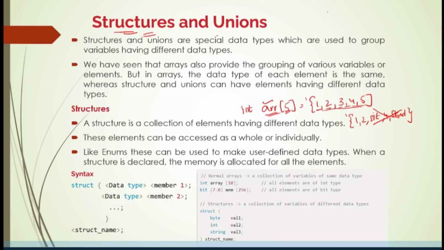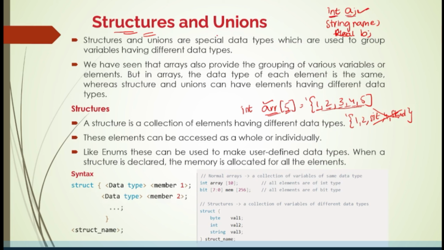For example, if you are taking three different kinds of data types, like one is int a, another is string name, another is float or real b, whenever I am accessing a, I should access it individually. So whenever I call a, only a will come based on this particular data type.